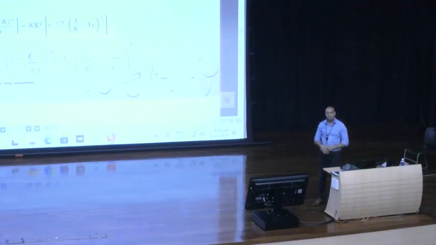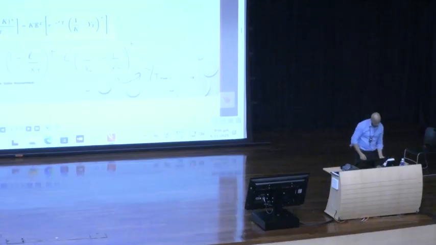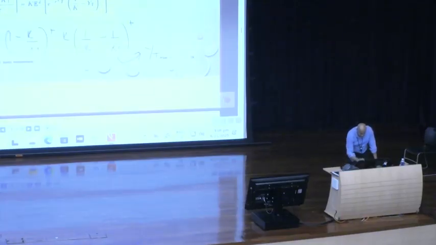Okay? That's why we switch from x to 1 over x. And look at this. This looks very neat because this is just a put option on y_t.